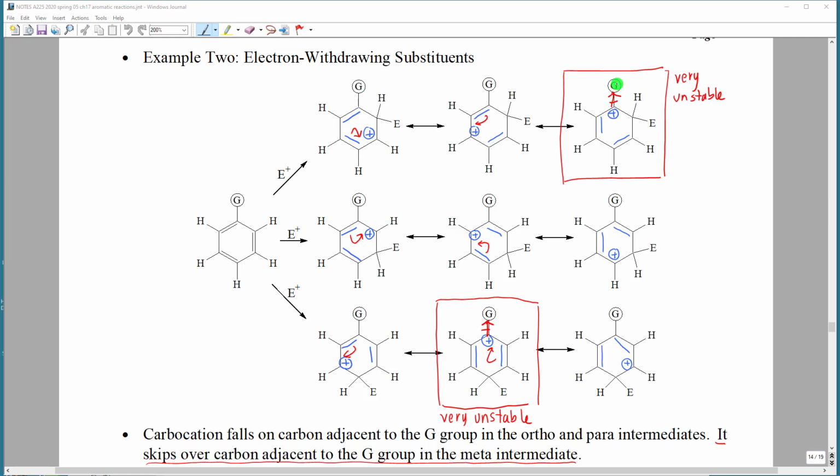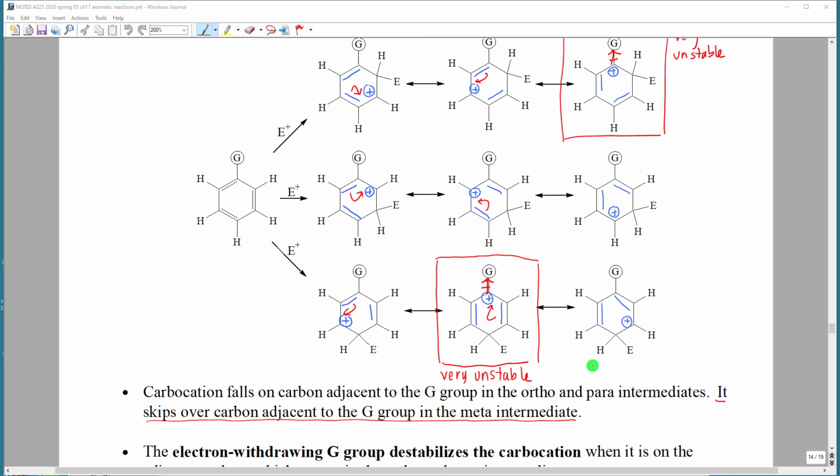That's a very bad thing. It raises the potential energy because the carbocation is already missing electrons. It doesn't want to have to give away more electrons. So this resonance structure is very unstable. In the meta, again, we skip that 12 o'clock position. So the meta doesn't have a very unstable resonance structure.